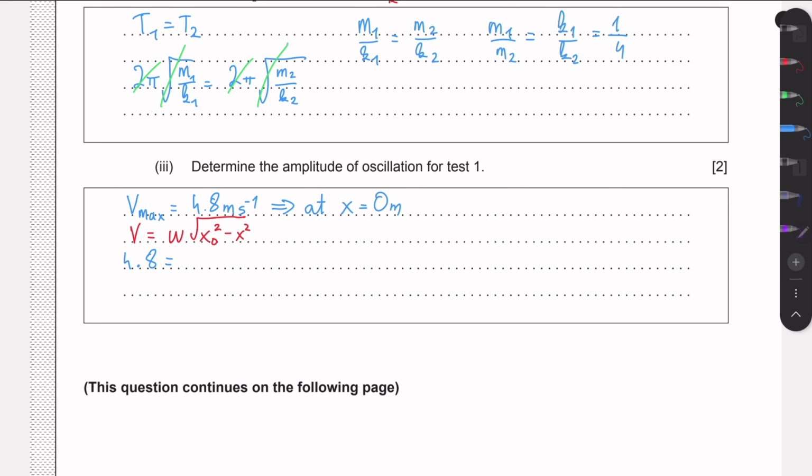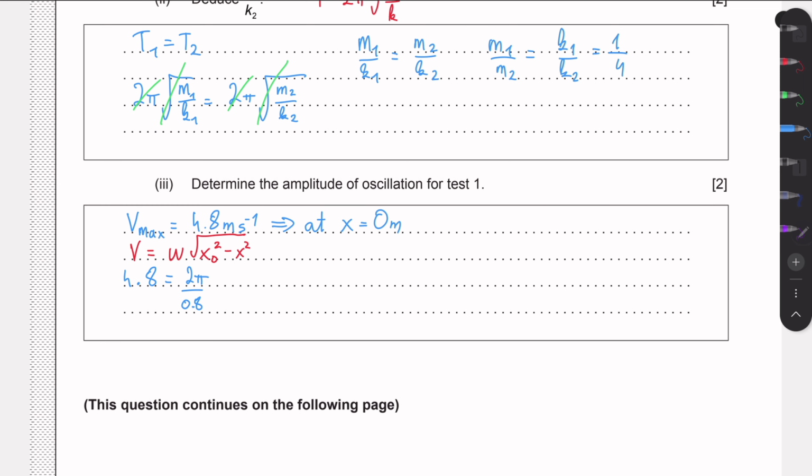We can calculate the angular speed, as we know our frequency, and angular speed is just 2 pi f, or 2 pi over T, which was 0.8. And we know that the displacement is equal to 0, so we're just left with x0. From this, we can calculate that the maximum amplitude is 0.61 meters.